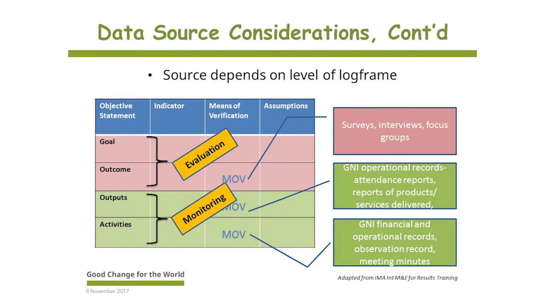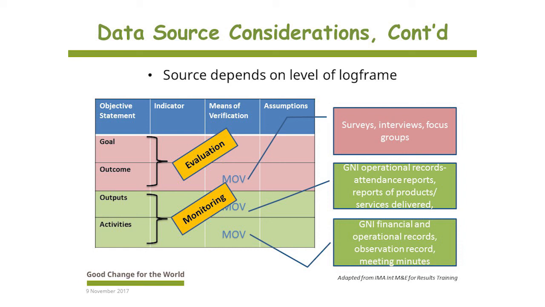So when considering what data source to use for which indicator, the source also depends to some extent on the level of the log frame of that indicator. So sources of data for activity indicators often come from GNI financial and operational records, observation records, and meeting minutes.